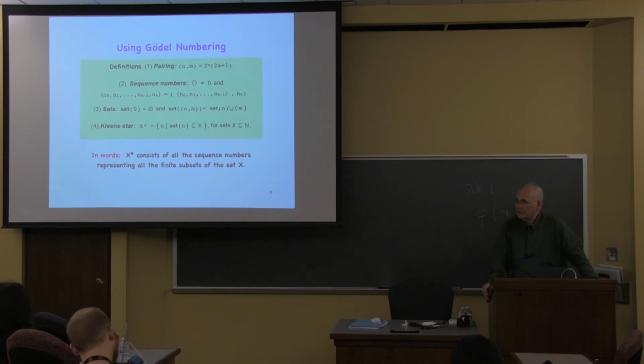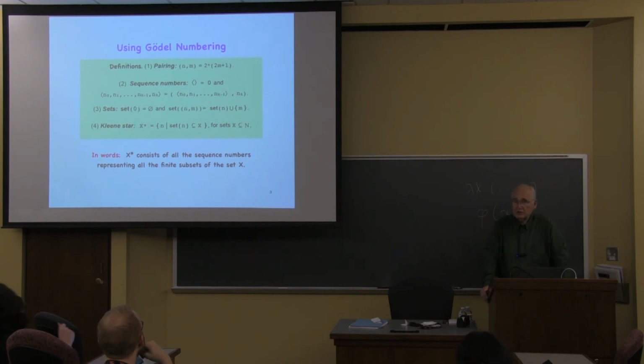There are many different ways of coding pairs. This is rather wasteful because it's exponential, but it's the shortest one to write down, I know. Okay? It doesn't matter. We're not really worried about complexity here. So I'll use iterated exponentials without worrying about that. Now, if you can do pairs, just as in Lisp, you can use pairs of pairs of pairs of pairs of pairs of pairs of pairs to represent sequences.